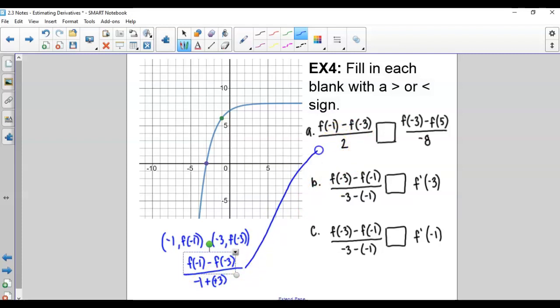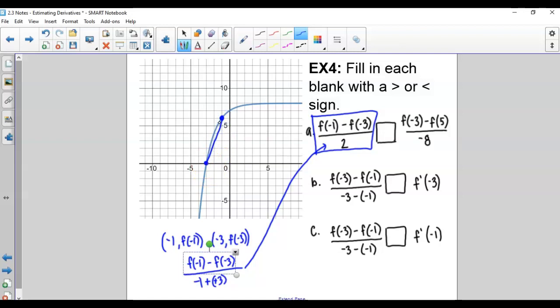That would give us this right here. So what this is finding is just the slope between where x is -1 and where x is -3. On this graph, we'll do this in blue, we're looking at the slope of this line. We've got -1 right here, we've got -3.